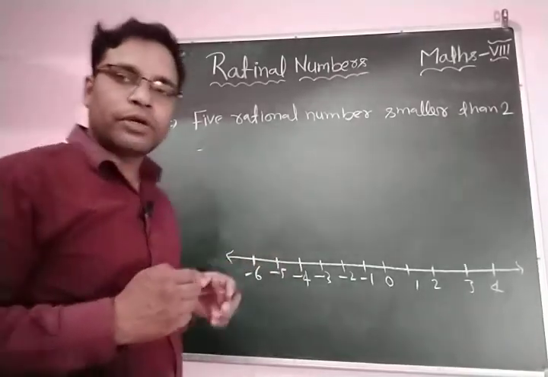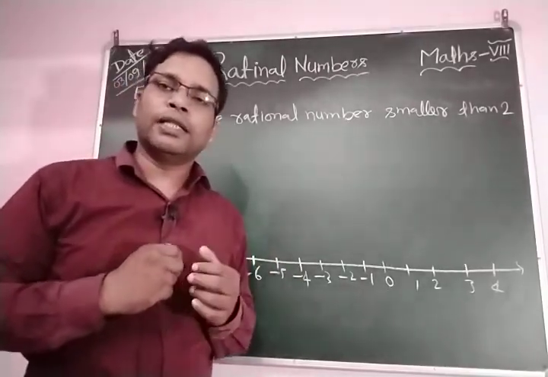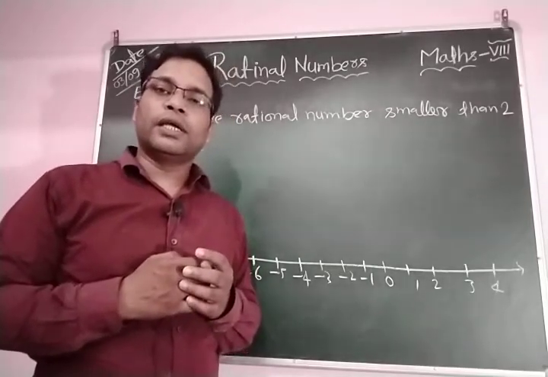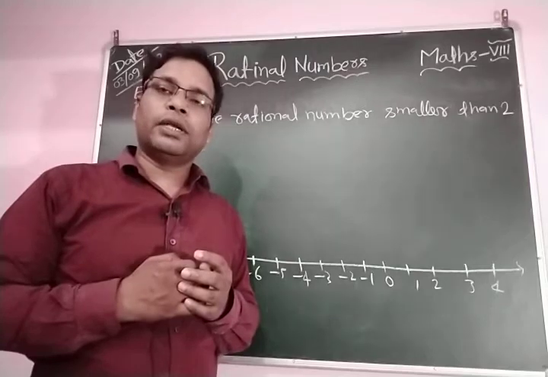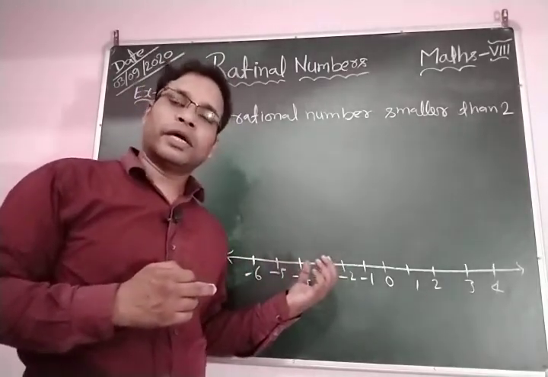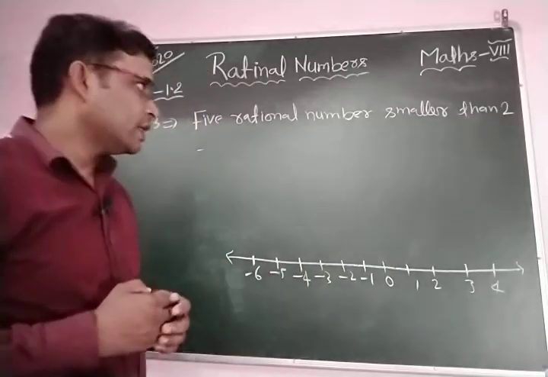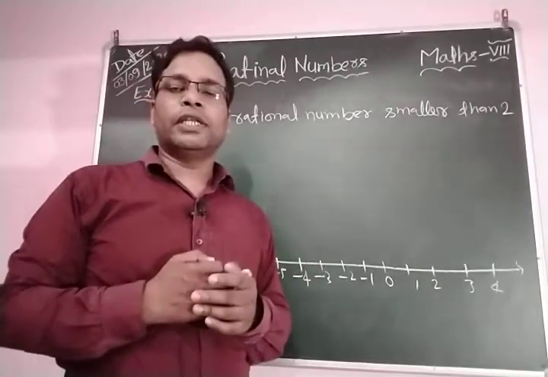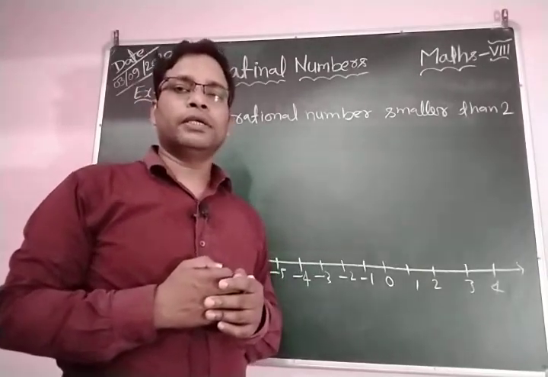All those numbers which lie on the left side of 2 on the number line are less than, or smaller than, 2. So you can take any 5 rational numbers smaller than 2.